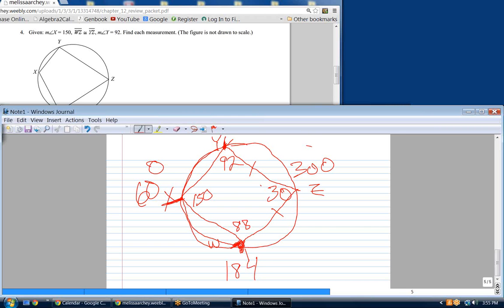And if that's 88, what is it from X, Y, Z? What is that arc length? 176. So if X, Y, Z is 176, Y, Z, W is 300, ZWX is 184.